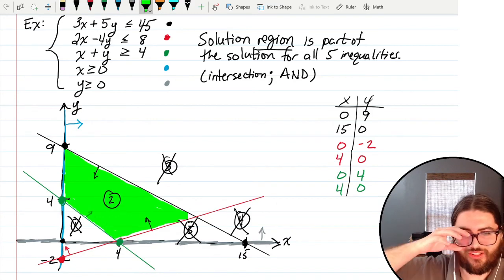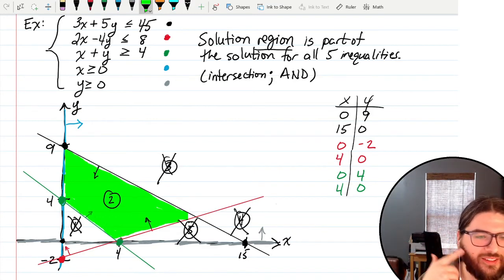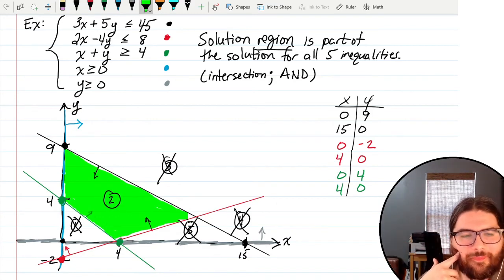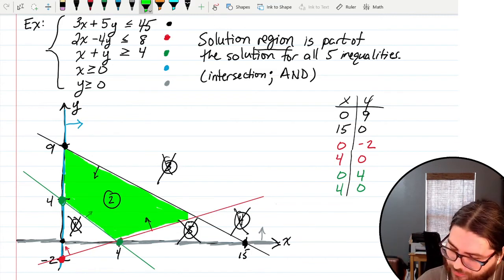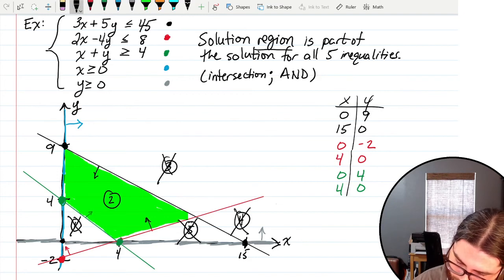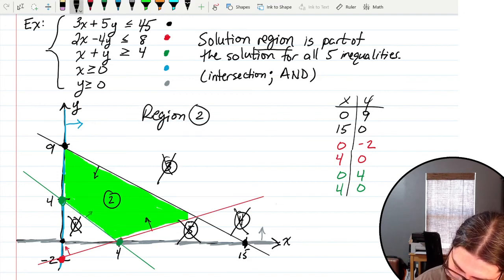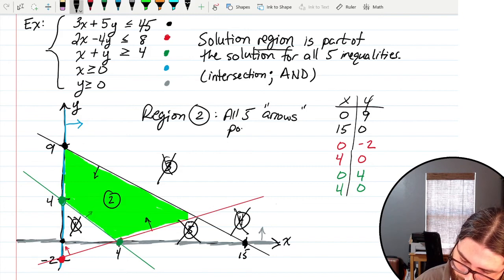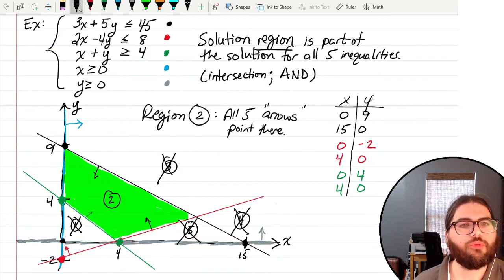Anyone that colored inside the lines very strictly when they were a little kid will feel my pain. But region 2 is my shaded region solution. All 5 arrows point there. So that's how I know it's my solution.